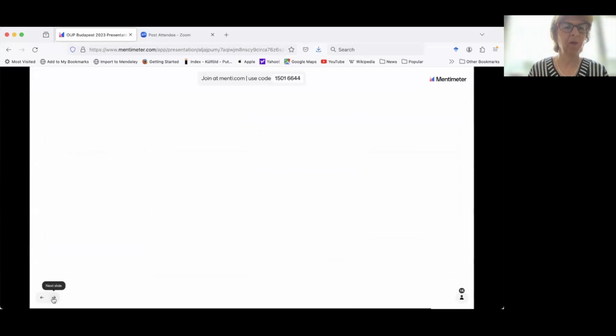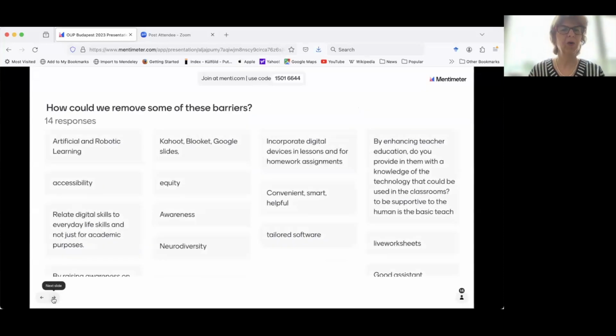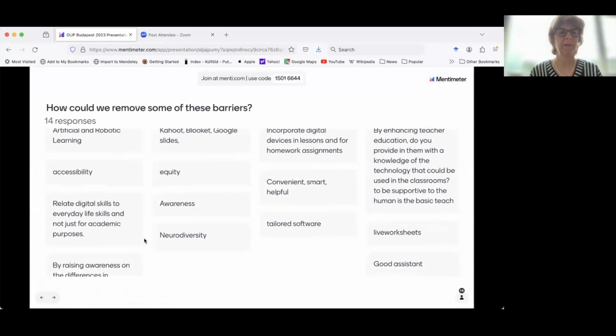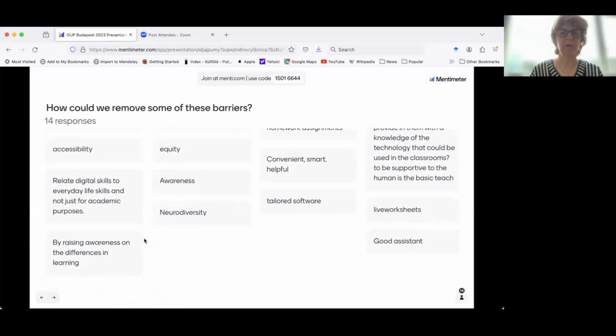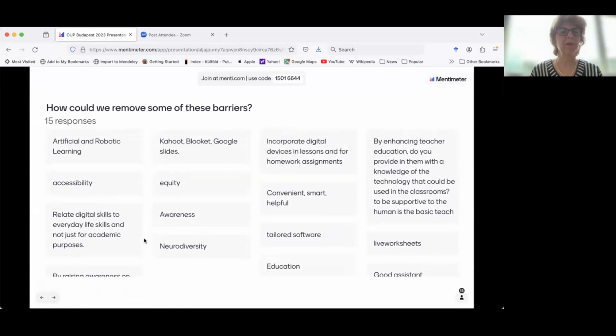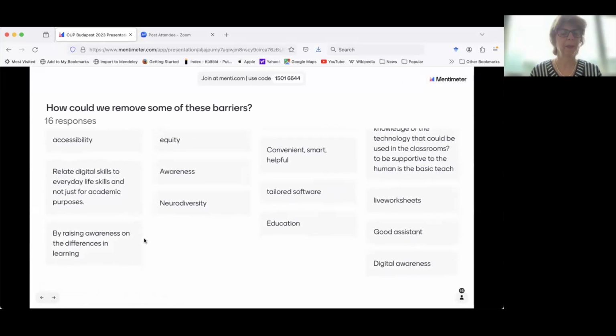And then one more question. How could we remove these barriers, right? And I already have some responses here from a previous presentation, but maybe you can add some more. Right?